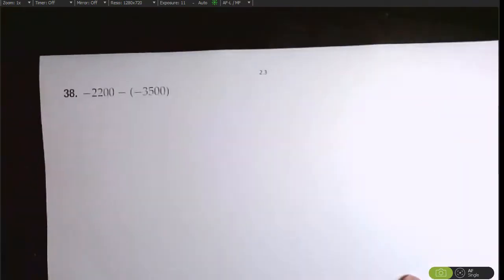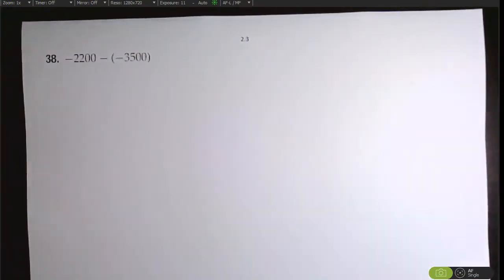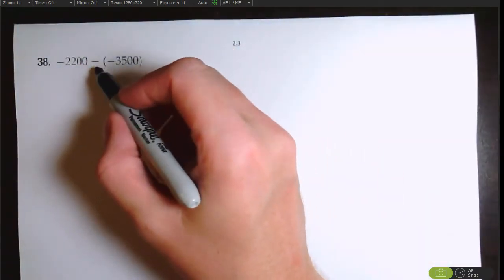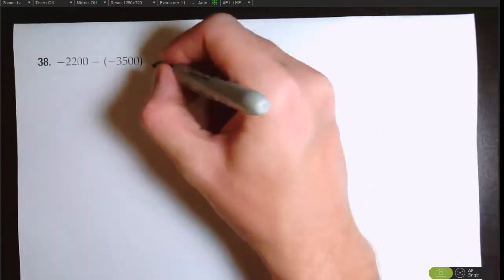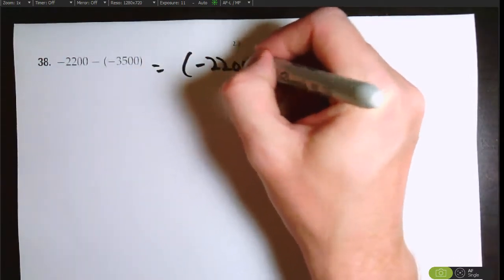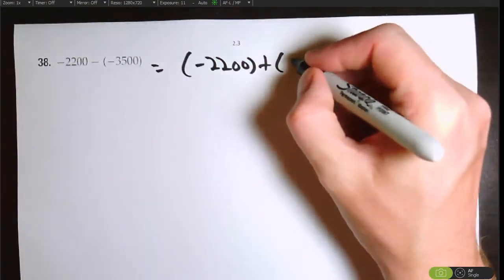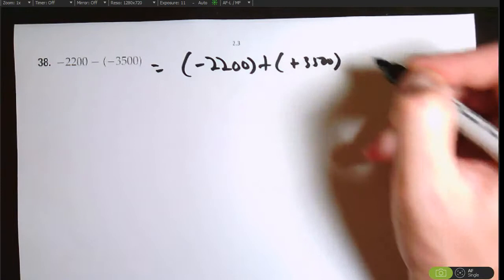All right, and then last one from section 2.3, negative 2,200 minus negative 3,500. Just doing bigger numbers for the practice, but the idea holds the exact same. Right now, I have negative 2,200 minus a negative 3,500. That's really going to be negative 2,200 plus, switch that, and then switch the opposite of that, positive 3,500.